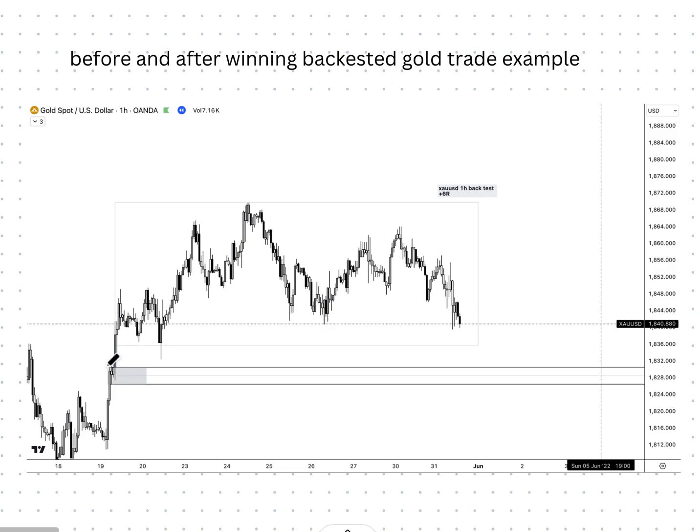So what does that mean? It takes a lot of money to create this move, right? And we know that from this move until it gets up here, all of this is buy orders, right? And it's not until the market gets to this level that sell orders are met.